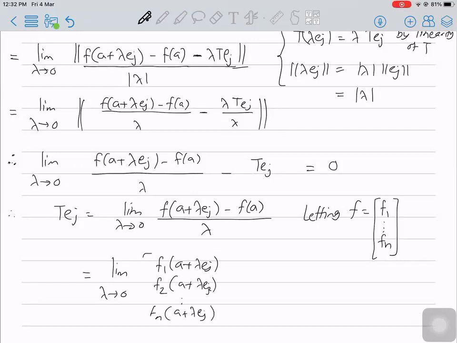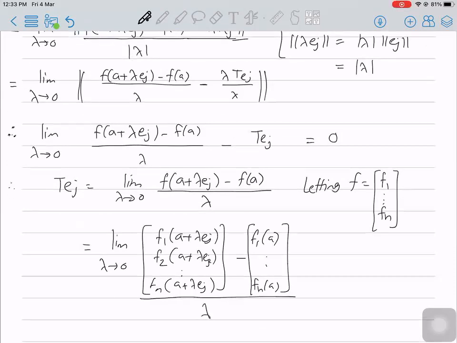That's a vector, right? Minus f1 of a up to fn of a. All of that divided by lambda.